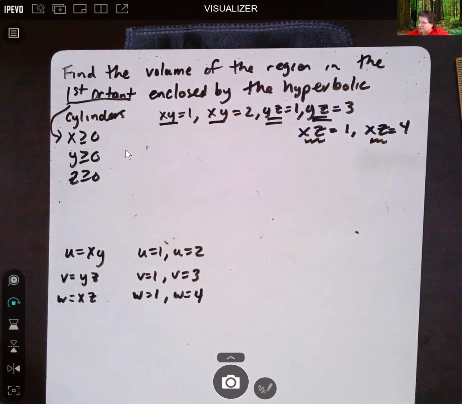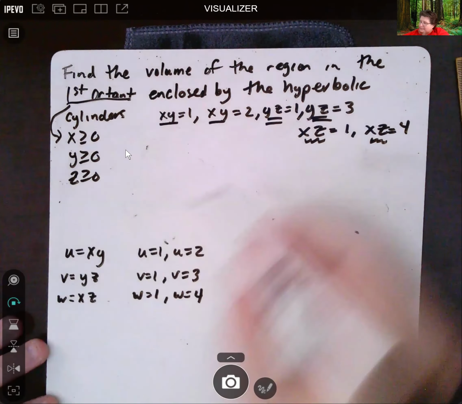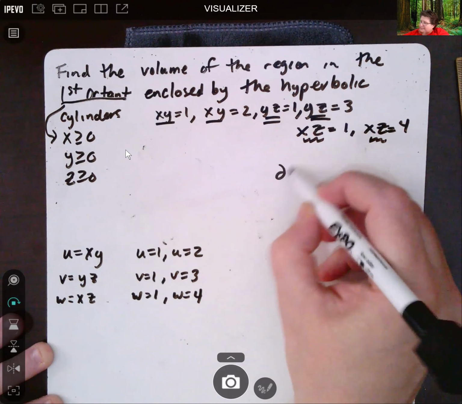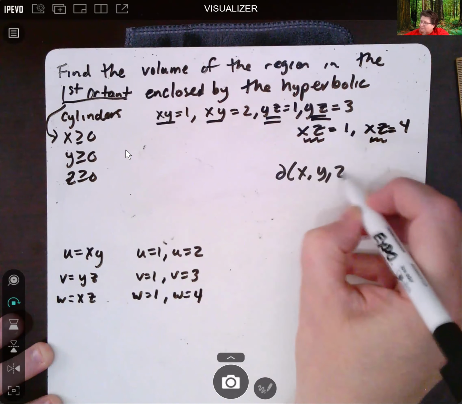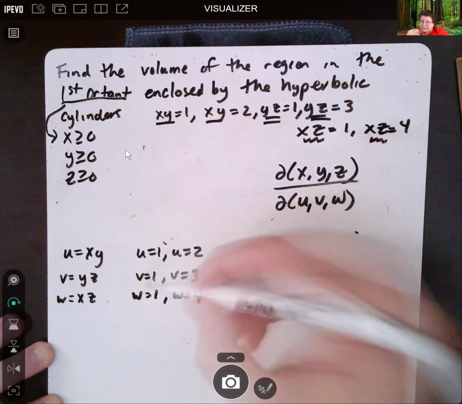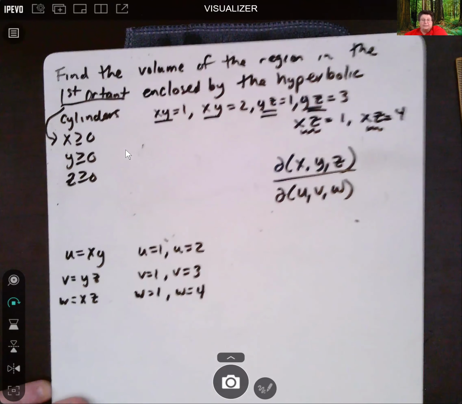Now, the real difficulty here is writing these. If I want to do this, I need to do dx, dy, dz over du, dv, and dw, which means I need to write these as x, y, and z.